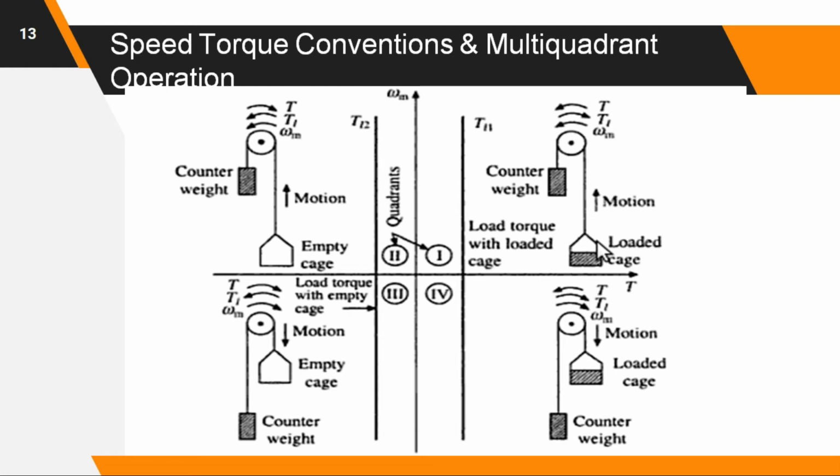Due to the gravitational force, the counterweight will go down and automatically the empty cage will go up. That should happen, but this is not the working case. Gravitational force acts on the counterweight, therefore the empty cage will go up. But here, how will the motor work?